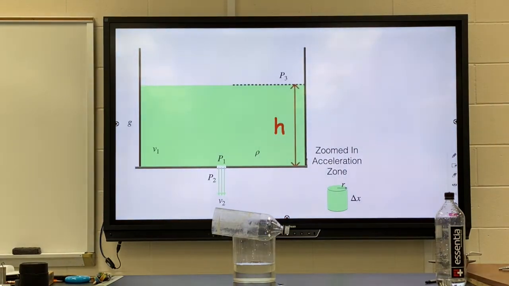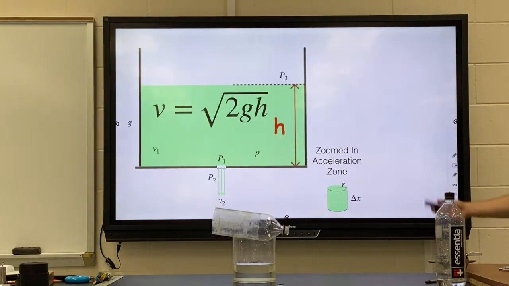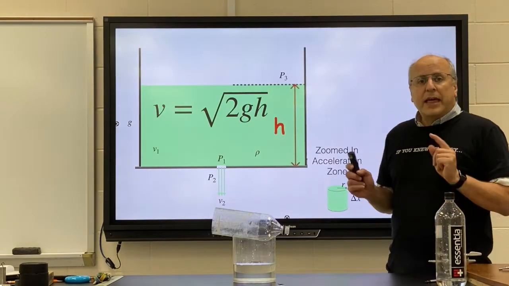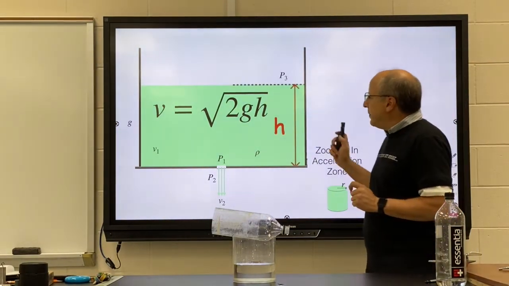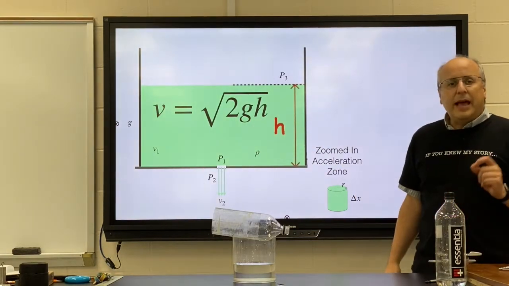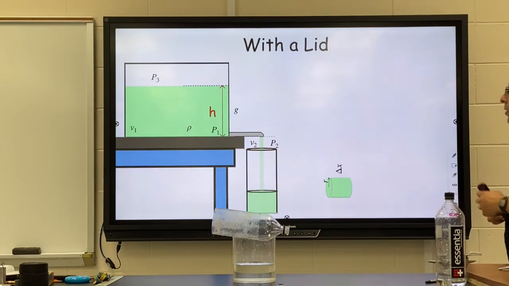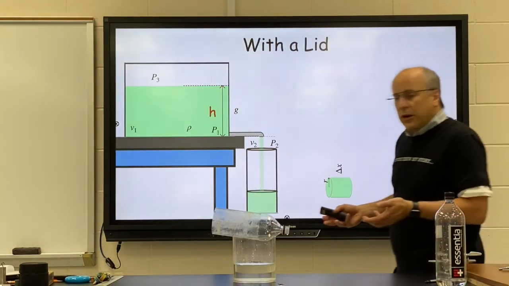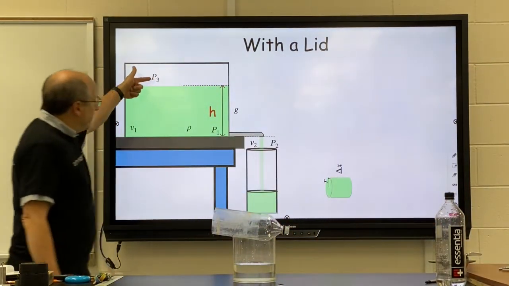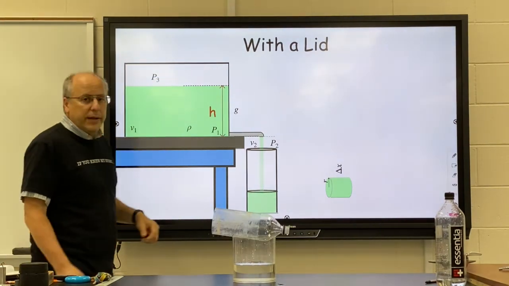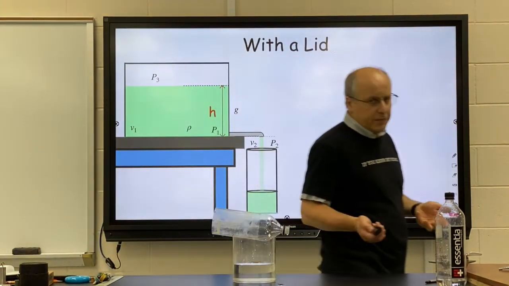Okay, so we start with our open beverage container, and we proved that the velocity equaled the square root of 2gh. That means that the exit velocity depends only on the planet and the depth of the fluid. Nothing else mattered. With a lid, then we start to have other things matter. The pressure inside the container and the type of fluid all of a sudden made a difference.